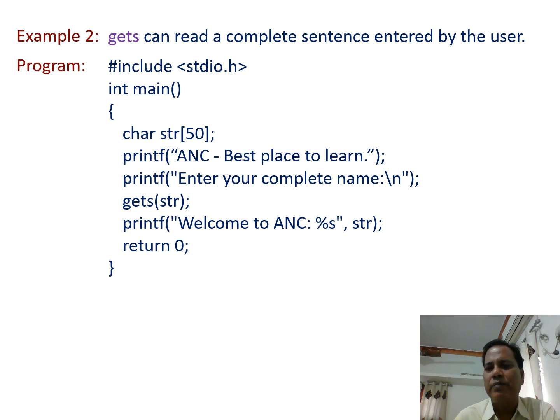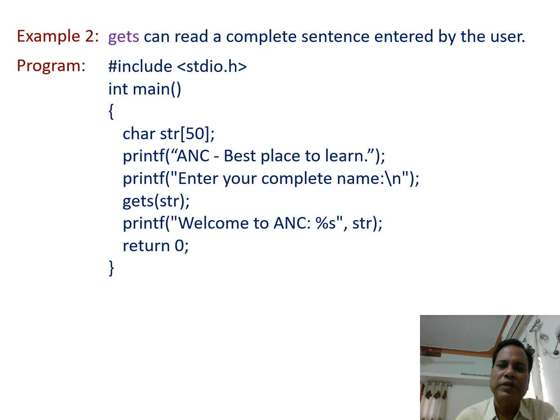Here see that the \n escape sequence is included, so the cursor goes to the beginning of the next line. So your entered name is printed in the next line. Then gets(str).